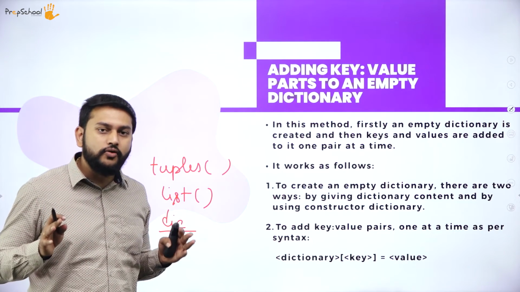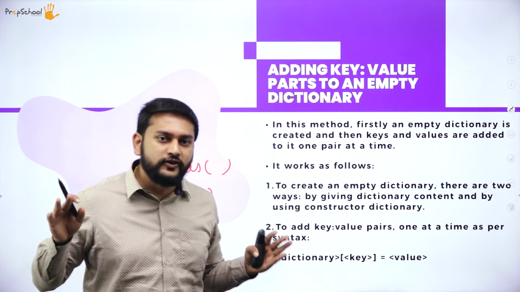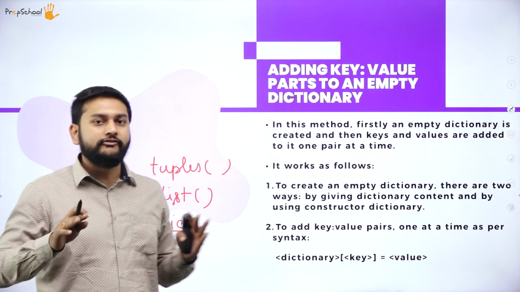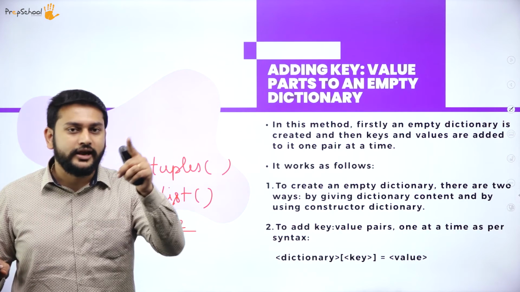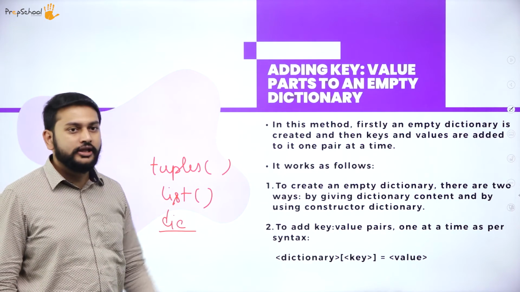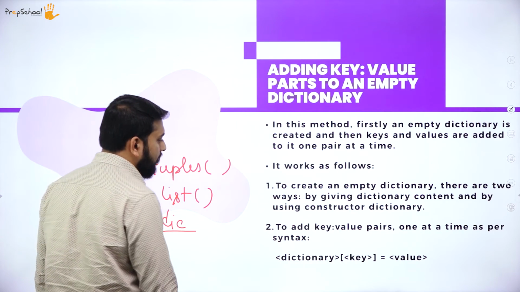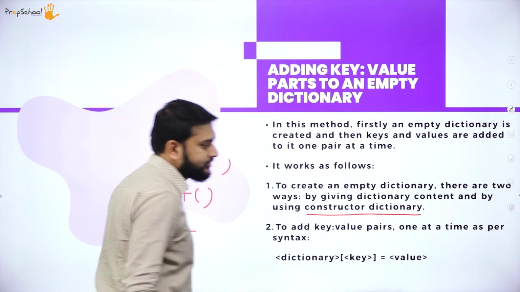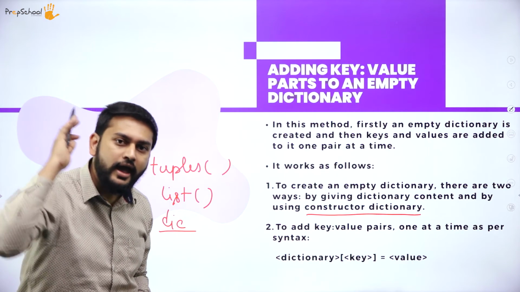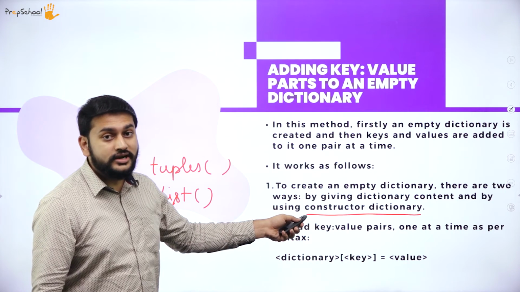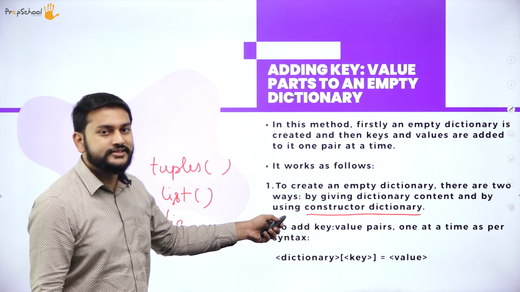Even for the dictionary, I have some function to create the empty dictionary. That is what I will call the dictionary constructor. With the help of that, I will be creating the empty dictionary. What is that constructor? I'll discuss that.